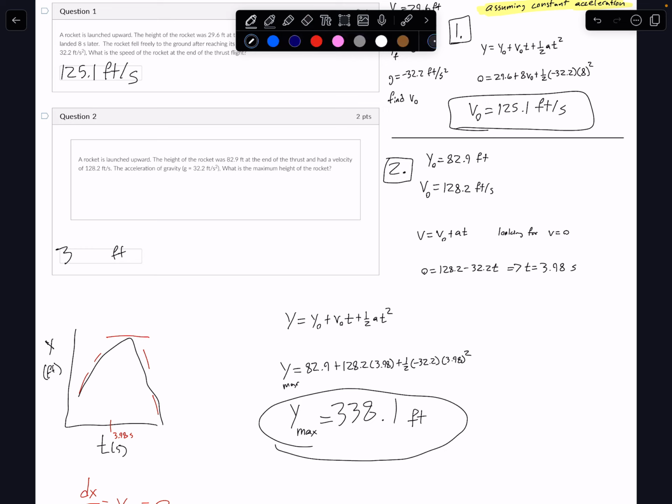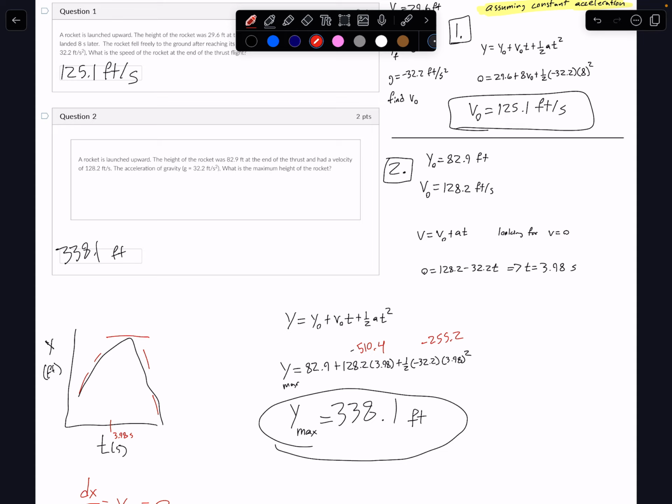So 338.1 is what that comes out to be about. 510.4. This is -255.2, which is actually exactly half of that.